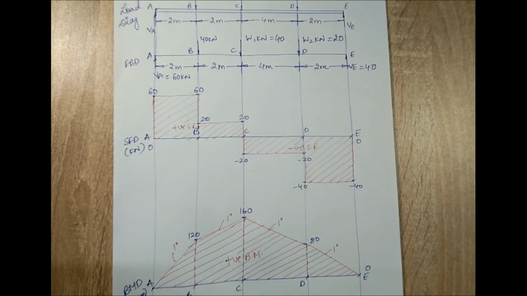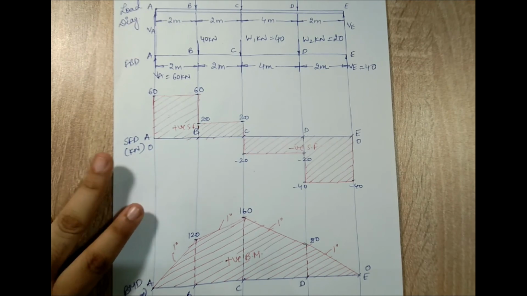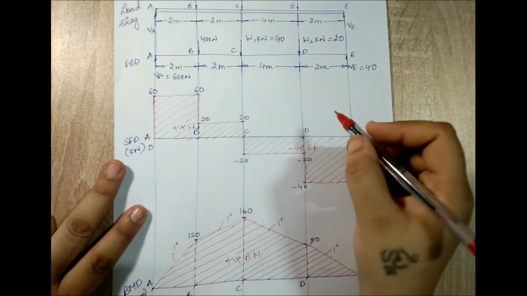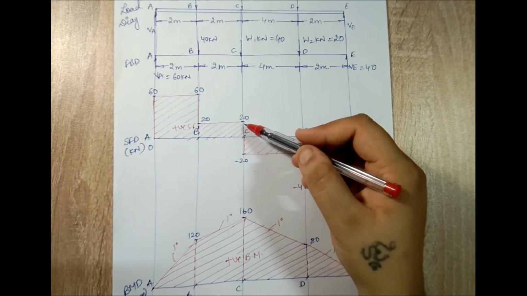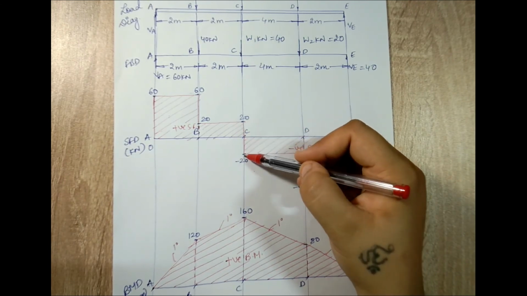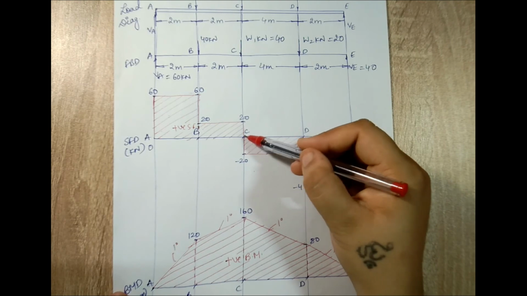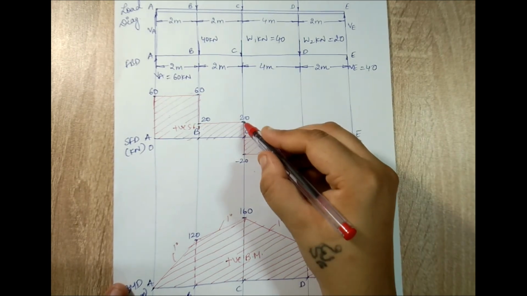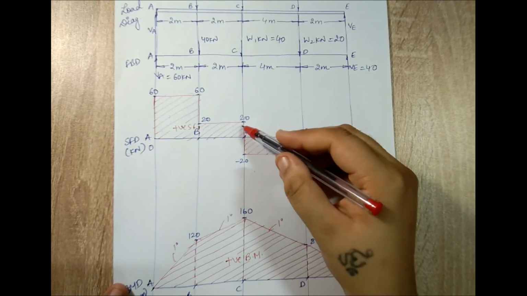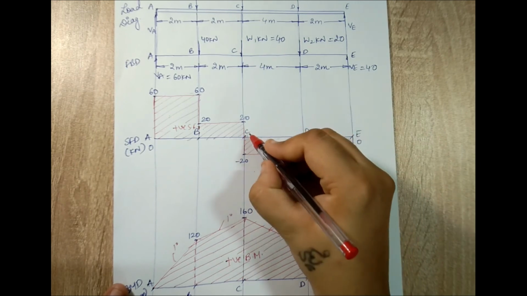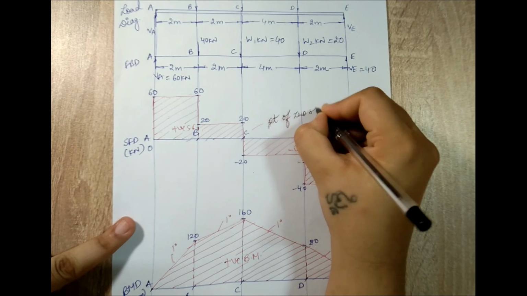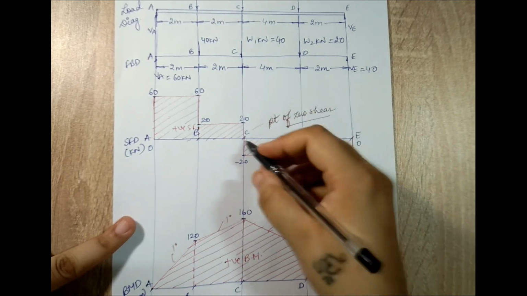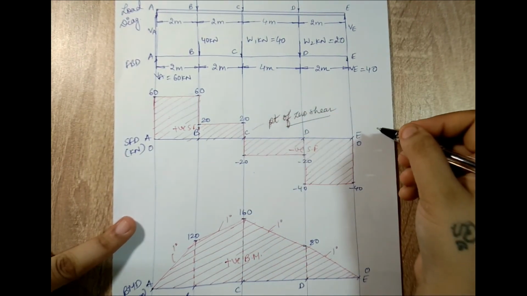Now I want to highlight one important term over here, that is this point C. If you observe at point C, the value crosses from the positive end to the negative end while passing through this point 0. Whenever a line crosses the shear force diagram, this point will be called as point of zero shear, which means at this point your shear force value is 0.